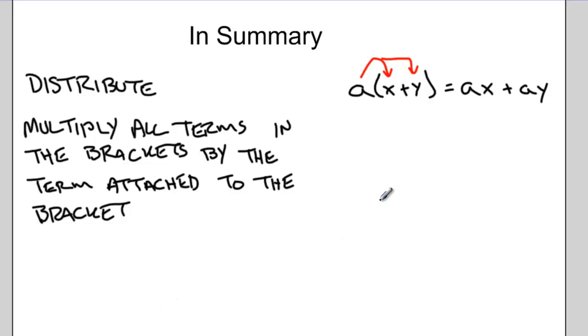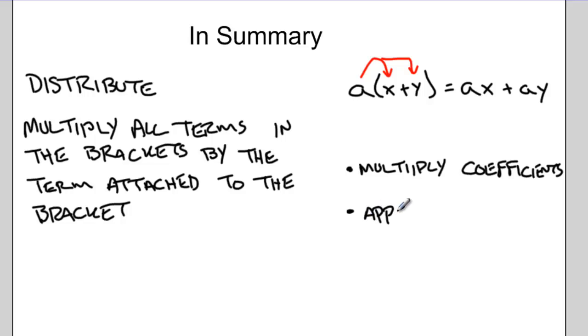We also saw that we can distribute numbers and also variables. So when we're distributing numbers, we're multiplying coefficients. When we distribute variables, we apply exponent laws to variables, which means we add the exponents.